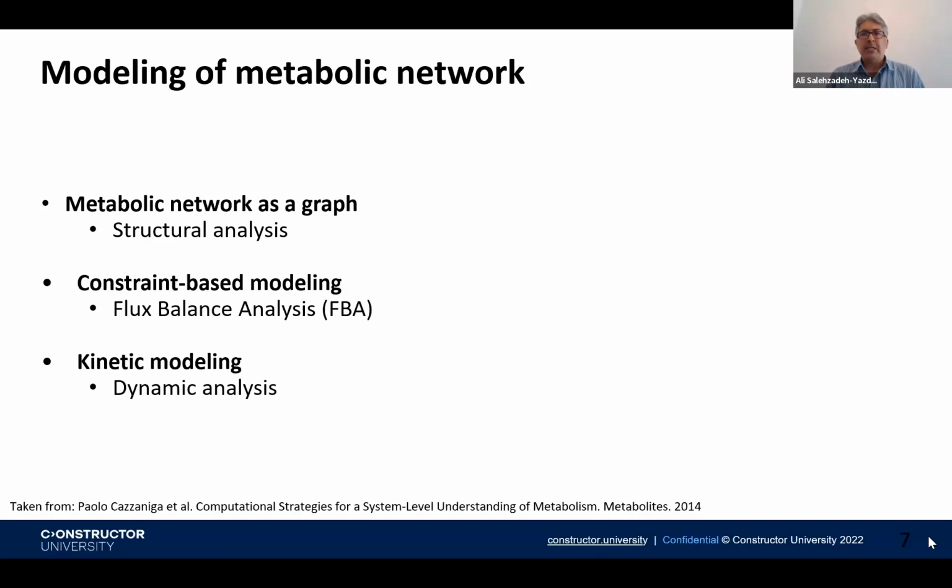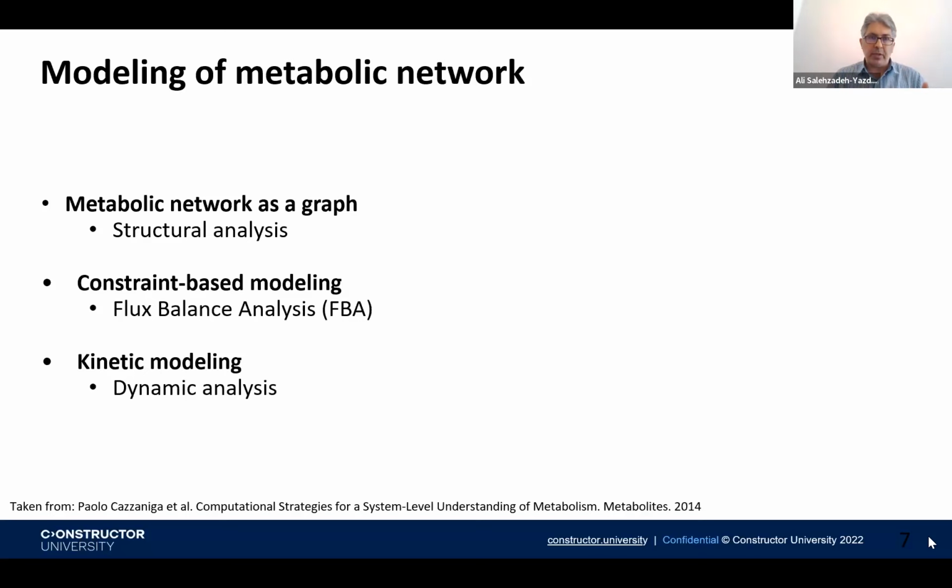The data is not publicly available like transcriptome and proteome. So we use, let's say, a surrogate for MFA to estimate the fluxes out of the network.